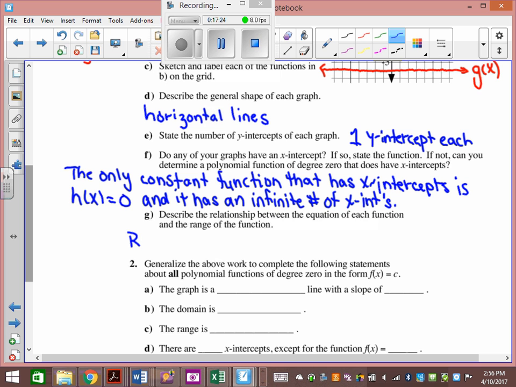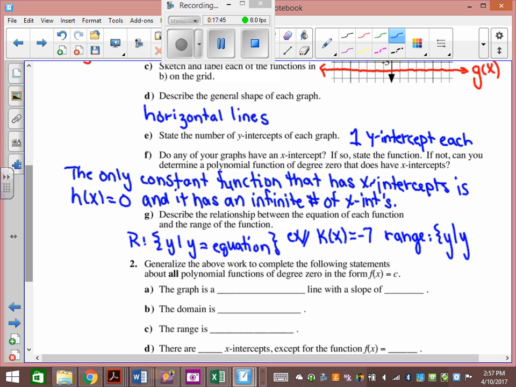The range is y such that y equals the equation. So for example, if you had k of x equals negative 7, the range would be y such that y equals negative 7, because that's the only y value that exists on this equation. It's just at that value.